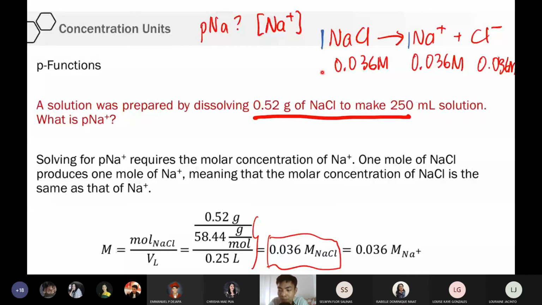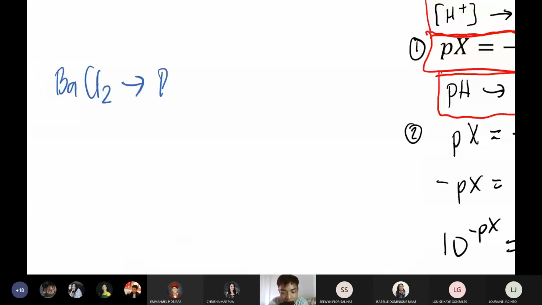Okay. Sir, paano kunwari may 2 dyan? Kunwari, sir, ganito, BaCl2. 'Di ba magiging Ba2+ yan and dalawang Cl-. Naalala nyo pa ba yung dissociation reactions? Nung precipitation reaction, diniscuss yan last sem.